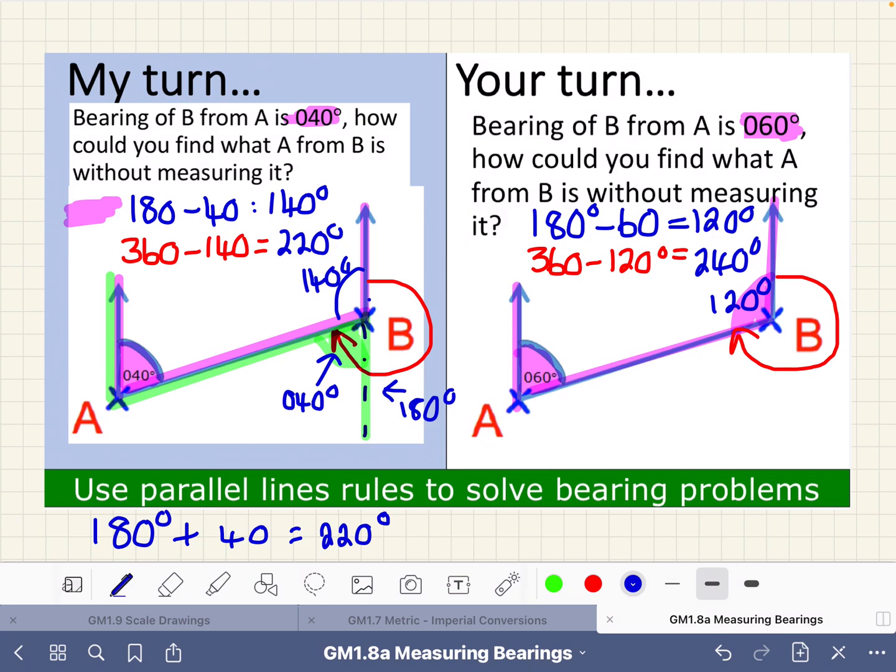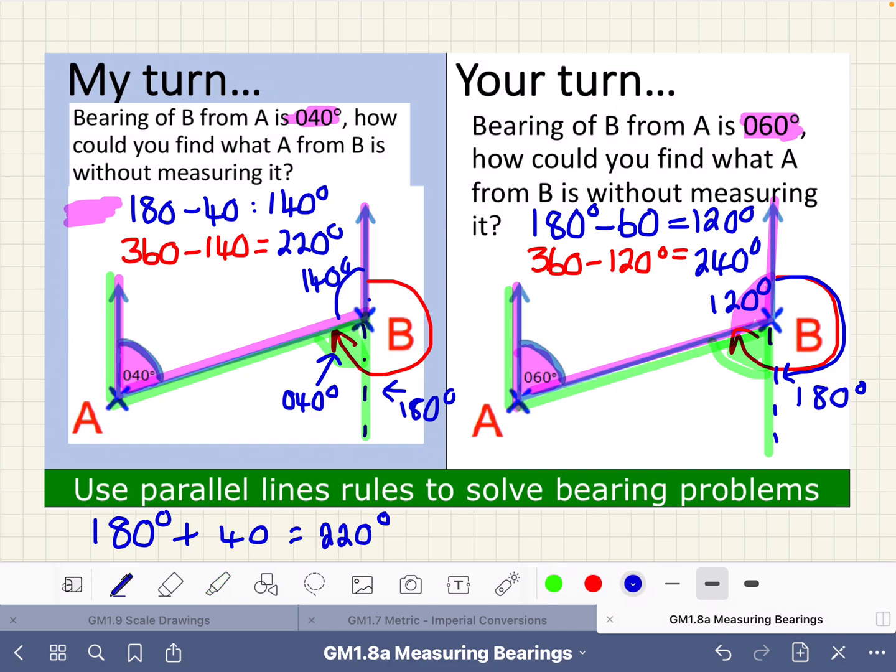The other option is to consider the alternate angles instead by extending our north line down with a little dashed line and knowing that this part of our line is worth 180 degrees. We now need to work out what this remaining angle is here, where we know the angle here is 60 degrees. We want to find this angle there, and when I join it together, it gives me a Z-type shape.